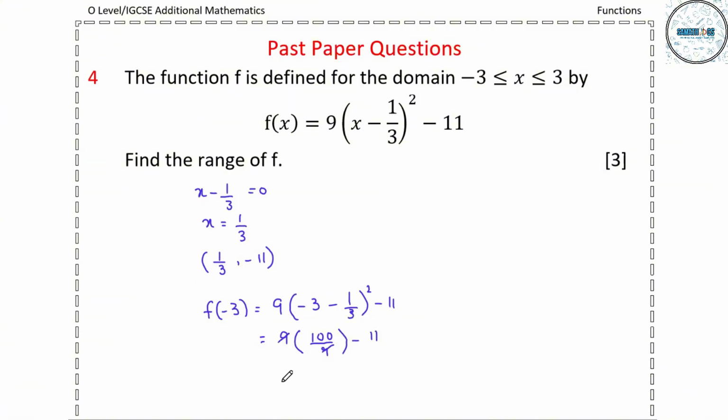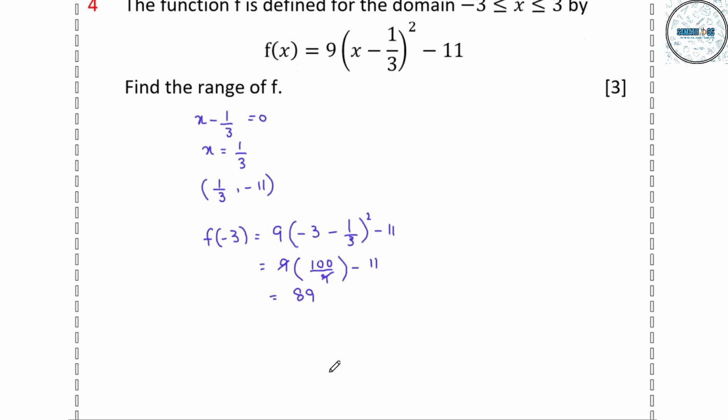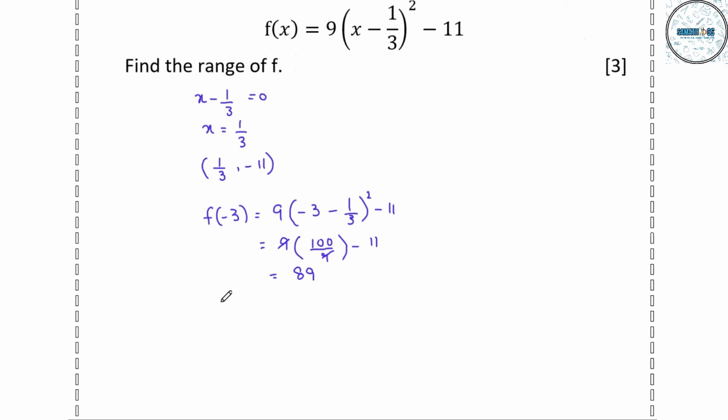So 9 and 9 would be cancelled out, so we will be left with 89. 100 minus 11 is 89. Then we will substitute 3 here. 9 into (3 minus 1 upon 3) whole square minus 11. So when you simplify it, you will get 64 upon 9 minus 11. So 9 and 9 would be cancelled out and you will be left with 53 here.